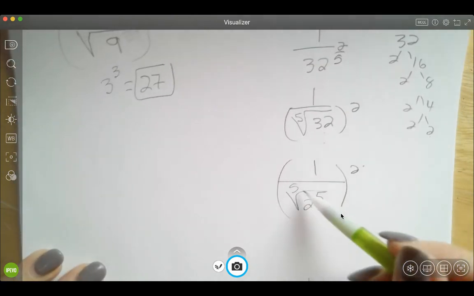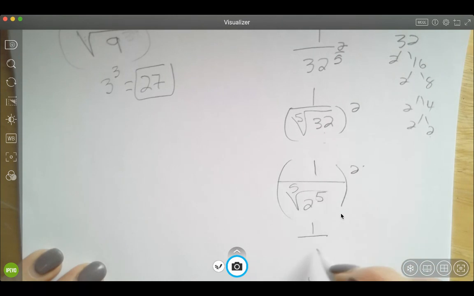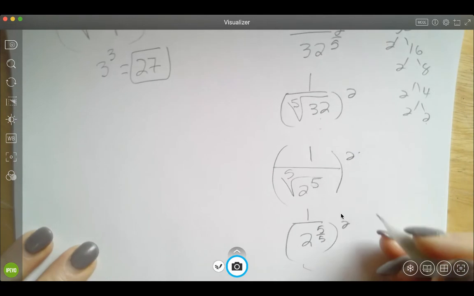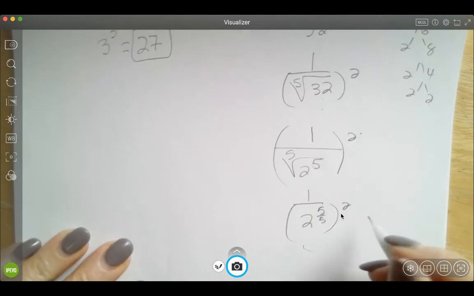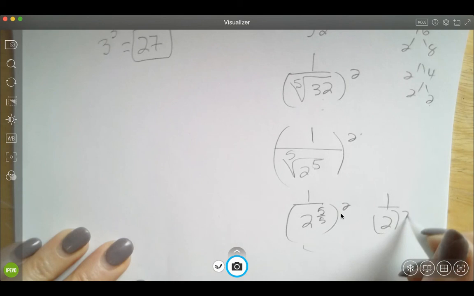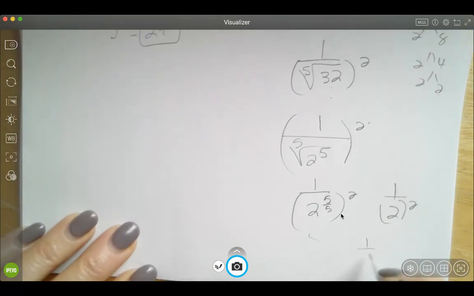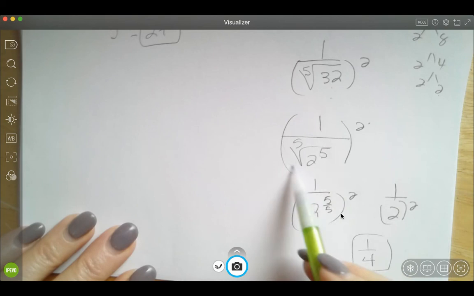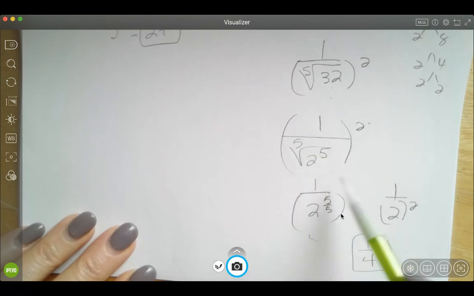So the 5th root, so this is 1 over, if you want, 2 to the 5 over 5, the whole thing squared. And that would be equal to 1 over 2 squared, which is 1/4. Or you could know that these undo each other. Therefore, what I'm going to get is just plain old 2 and square it. And 1/4 would be our answer.